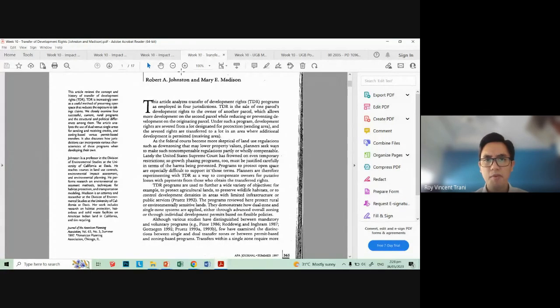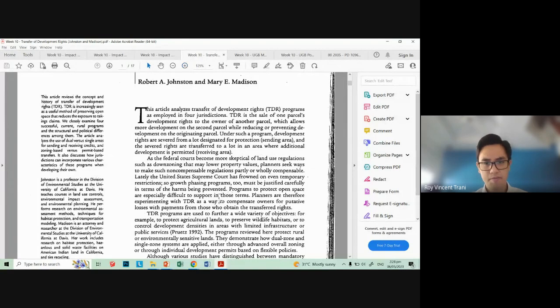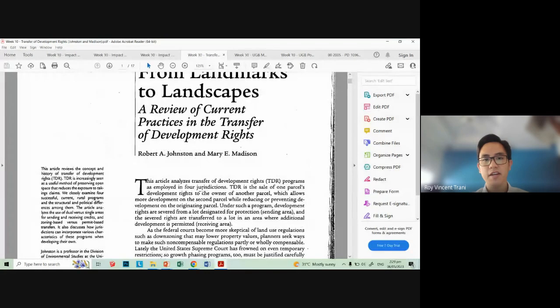Definitely a bit more complicated than impact fees, which is basically just charging the developer for new development or projects. Here, for example, the developer wants to create a project in a protected area, and then you just stop that development and move it somewhere else.